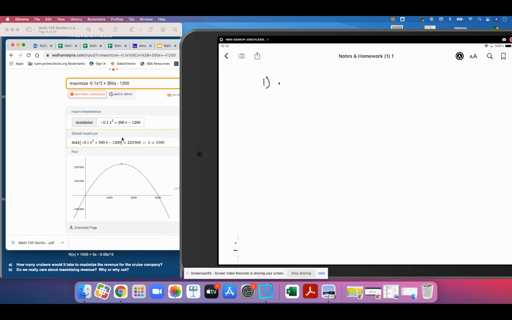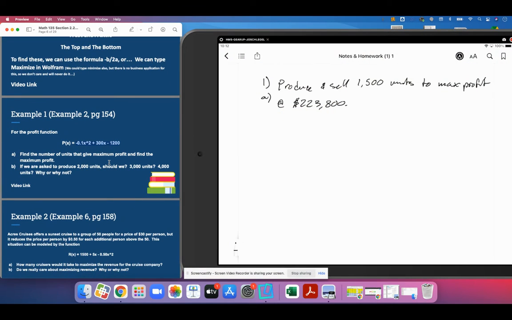So produce and sell 1,500 units to maximize profit at $223,800. All right, and I think that's part A. Going back to this really quickly, that is part A. That is the maximum profit and the number of units we need to produce to make that happen.